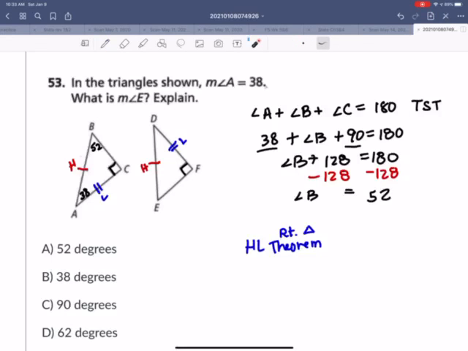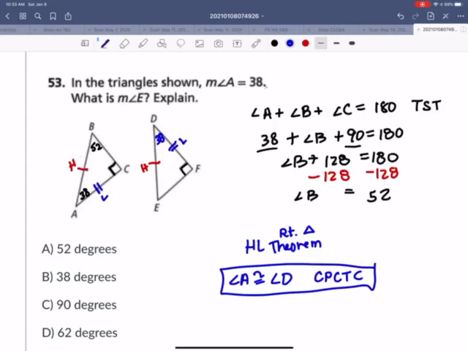So if we keep track here, if I go from the hypotenuse to the angle to the leg, or the hypotenuse to the angle to the leg, then that means this would be a corresponding angle. Angle A has to be congruent to angle D because they are corresponding parts of congruent triangles. That's the theorem CPCTC.